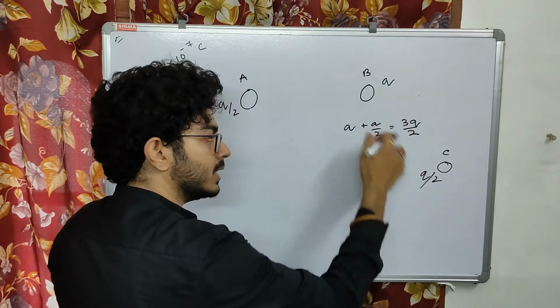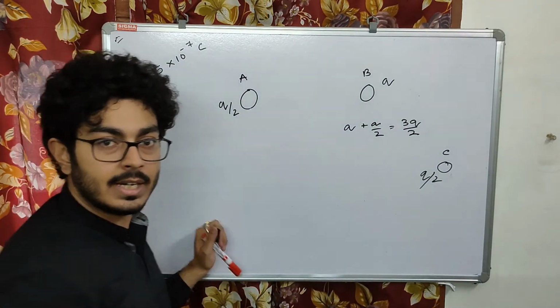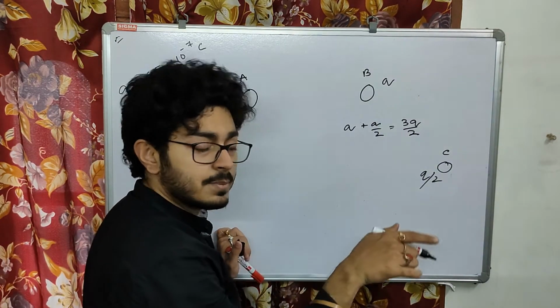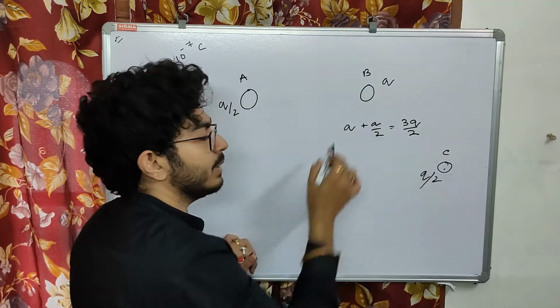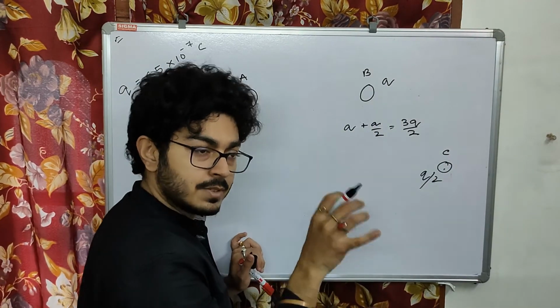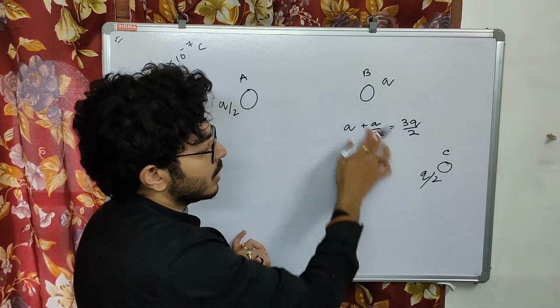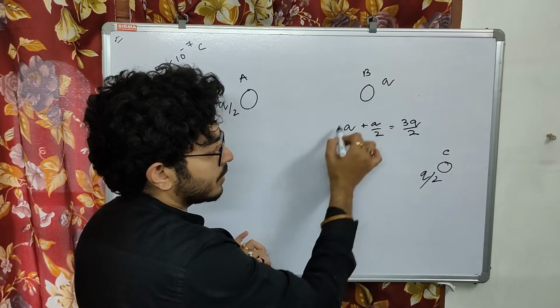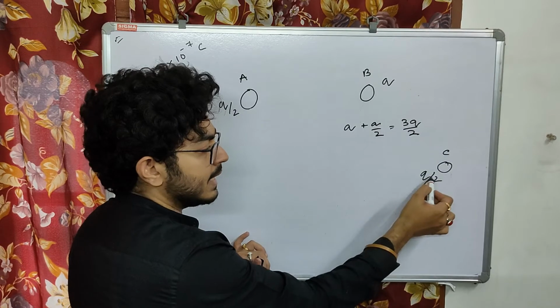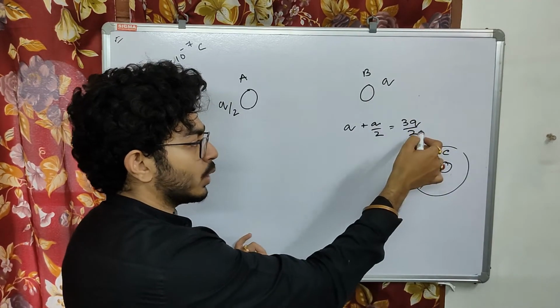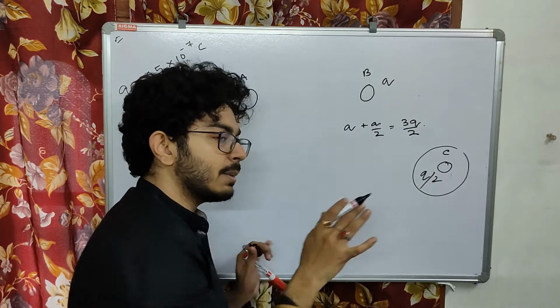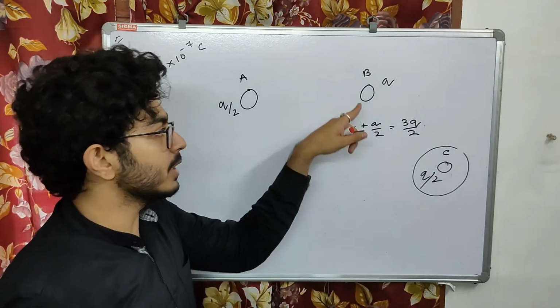Now this charge will be distributed equally between the two, because the spheres are the same size. It is said over here that C, A, B are all of the same size. C was uncharged earlier, and when C having Q by 2 charge is touched with B, their total charge becomes this. Now this charge will be divided equally between B and C.